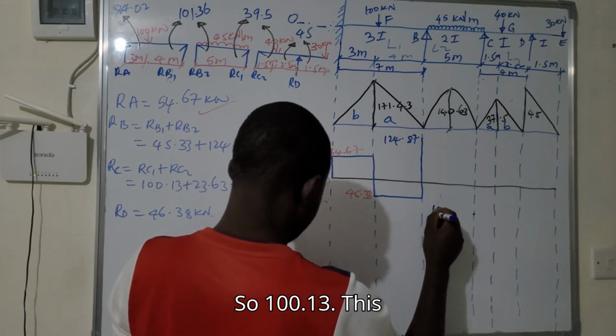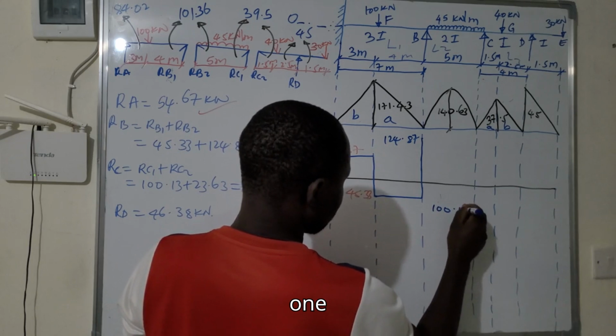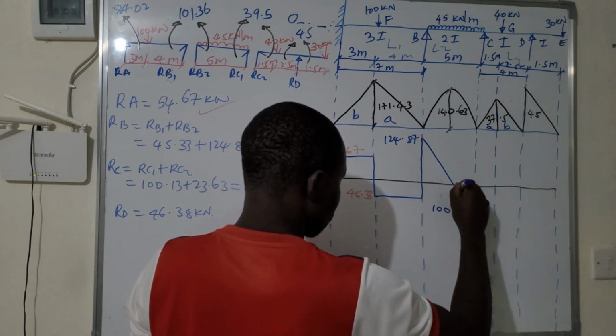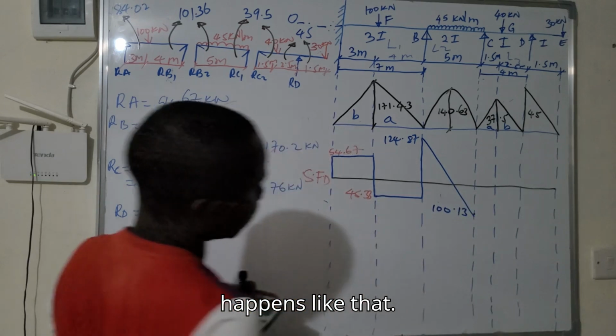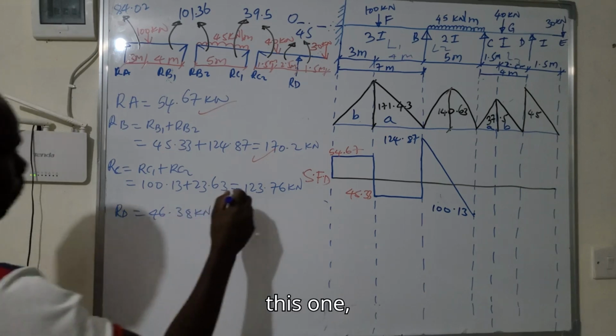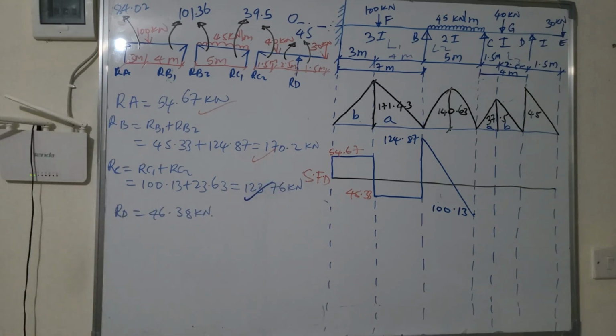This is diagonal like that. And then you add RC, this one, plus 23.76.